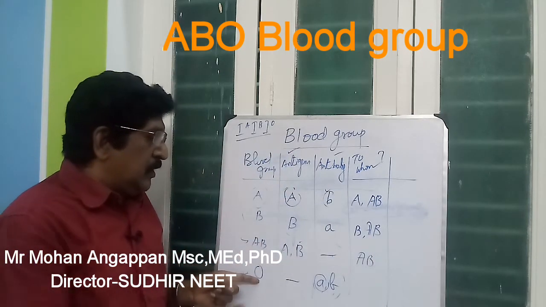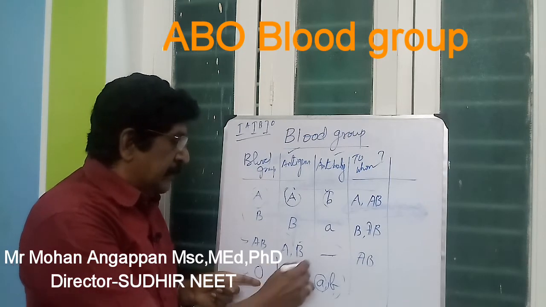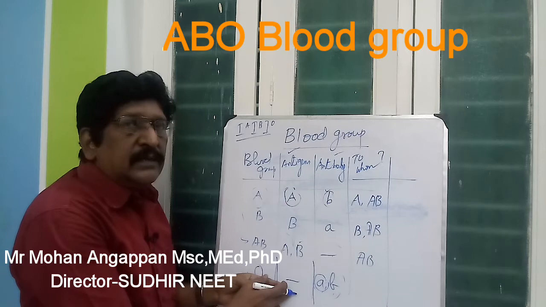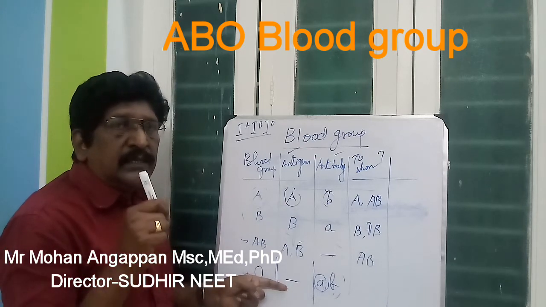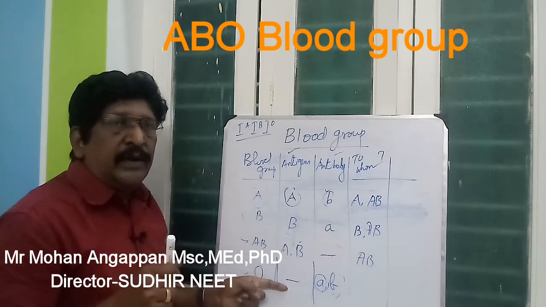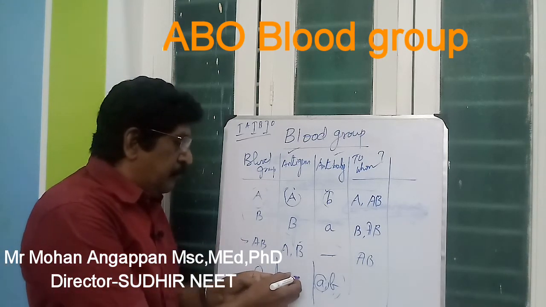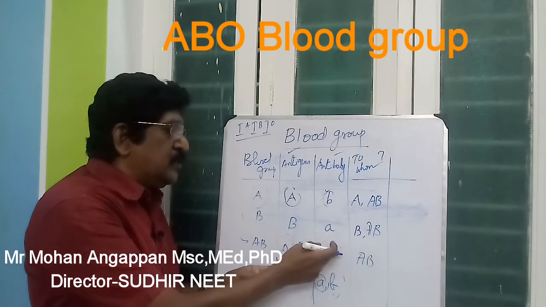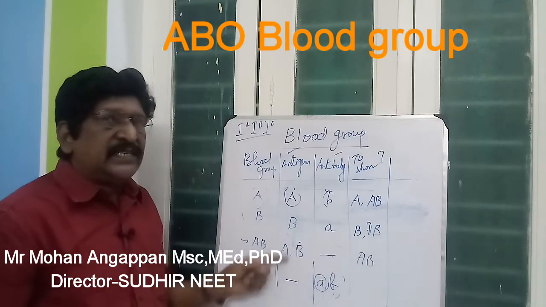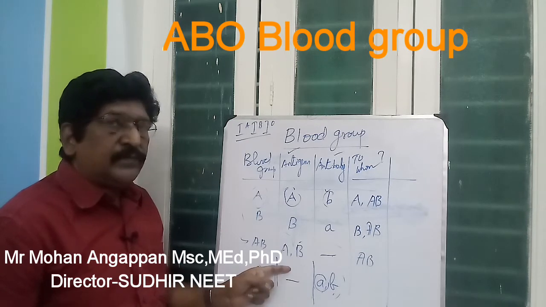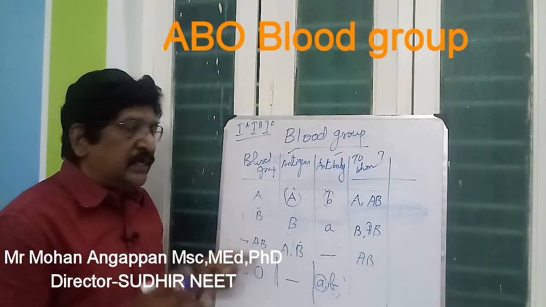Coming to O group, so there is no antigen here. If there is an antigen, I already told you, no botheration about the antibody in the donor's blood. But the donor's blood's antigen will make its own antibody. The reaction will take place. In O group, there is no antigen and so there will be no reaction at all.